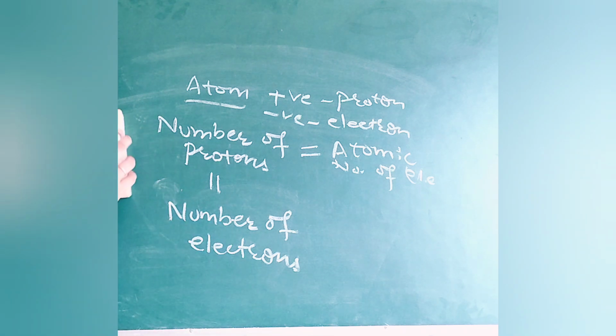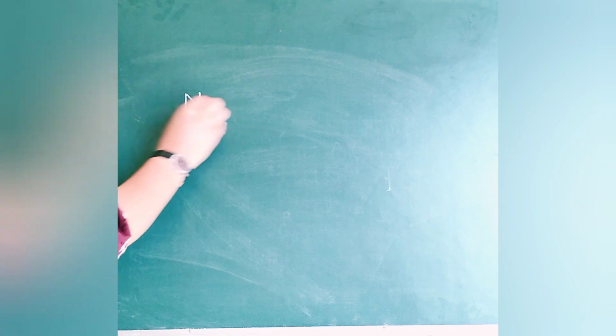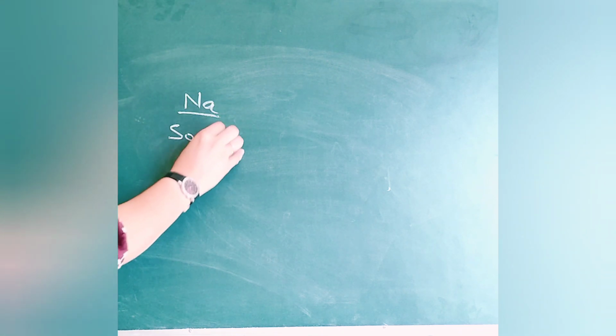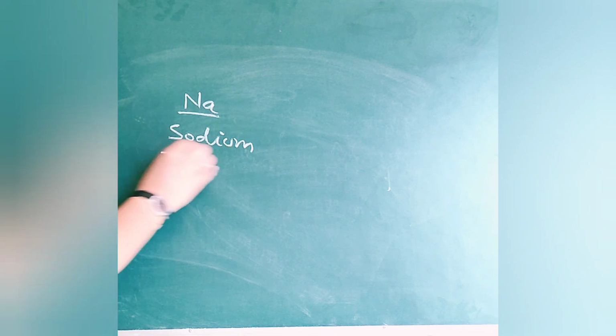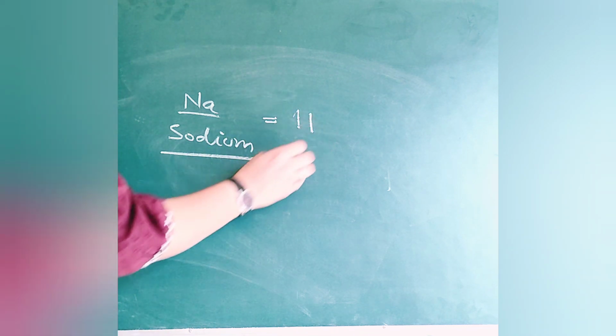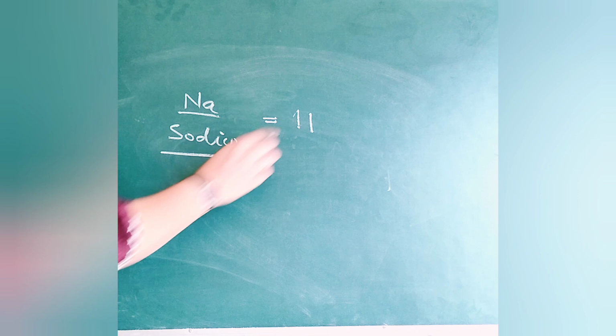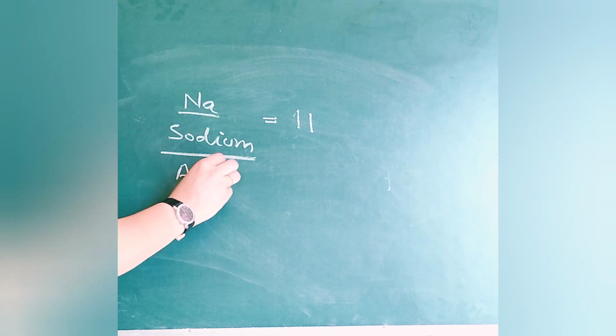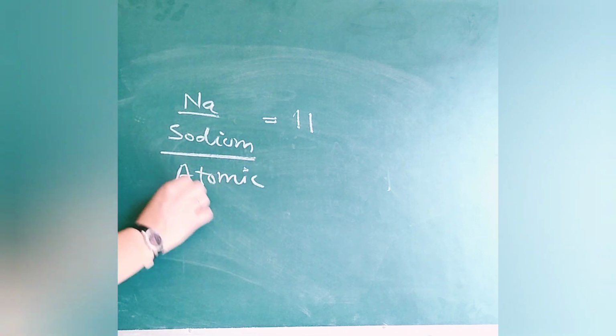Suppose we are having here sodium. Sodium carries number of electrons 11. That means it will be its atomic number.